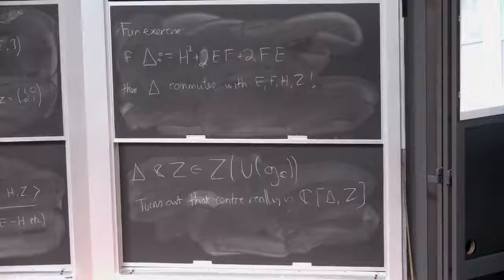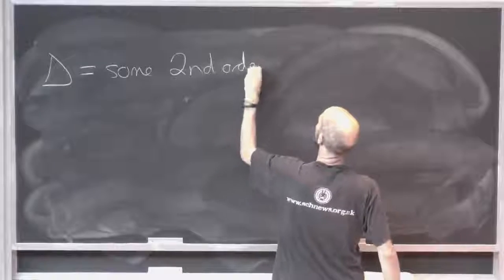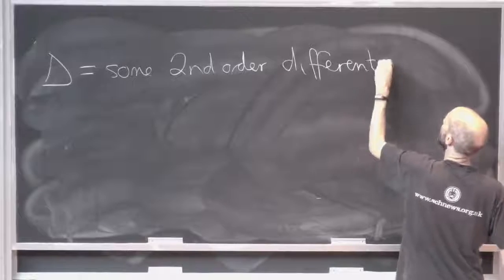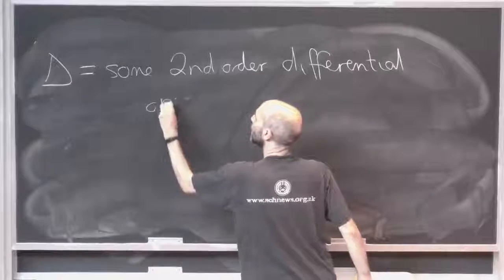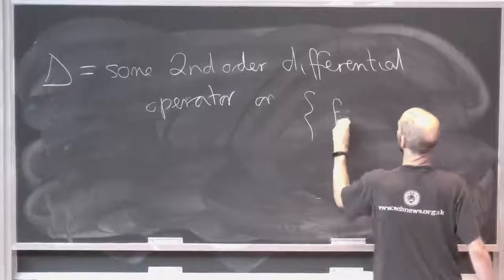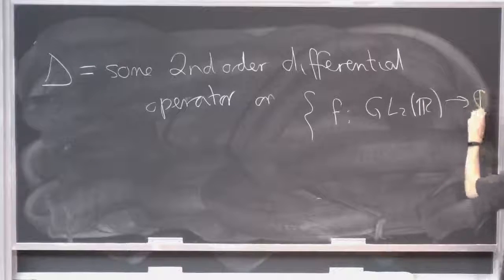And I think I did at some point. Yeah, I did. So how can we understand delta? I mean, what is this delta? Delta is some second order differential operator on functions on GL2 of R, right?